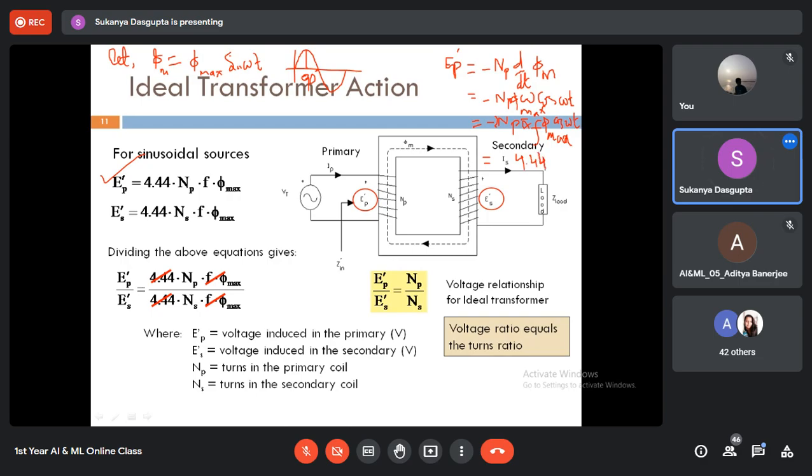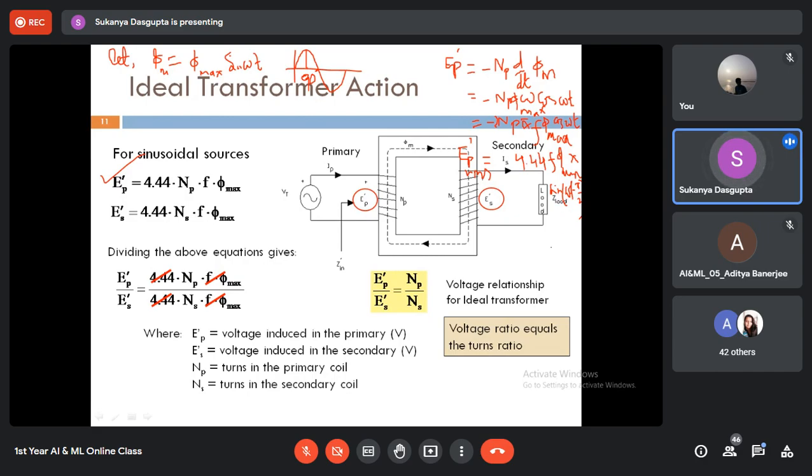I'm writing over here: EP (RMS) is 4.44 into F into phi max into sine of omega t minus pi by 2. That is also cos.